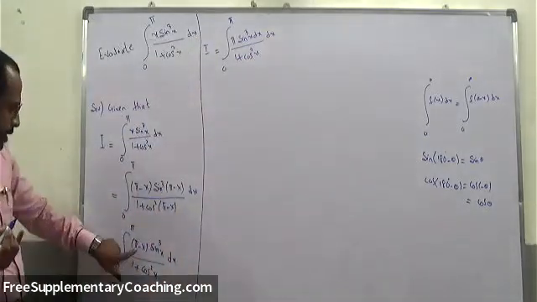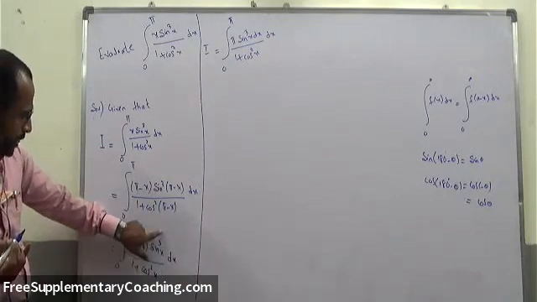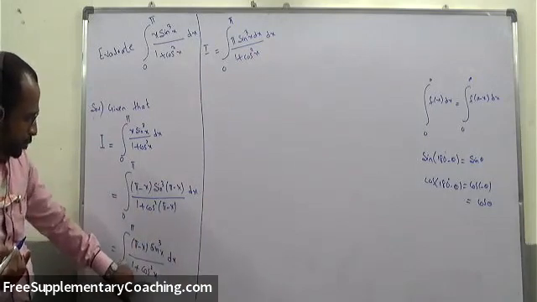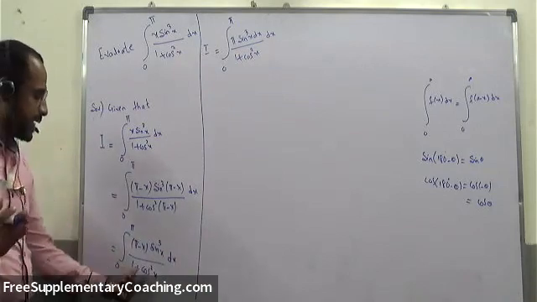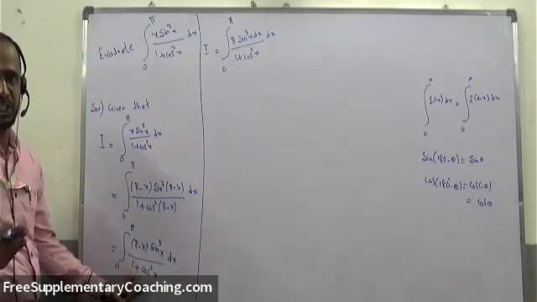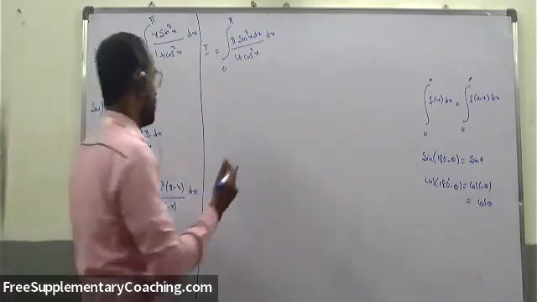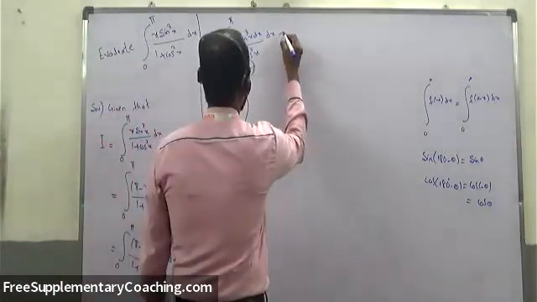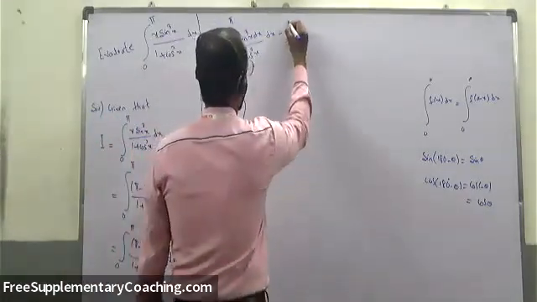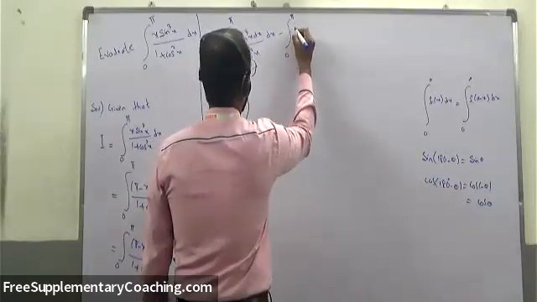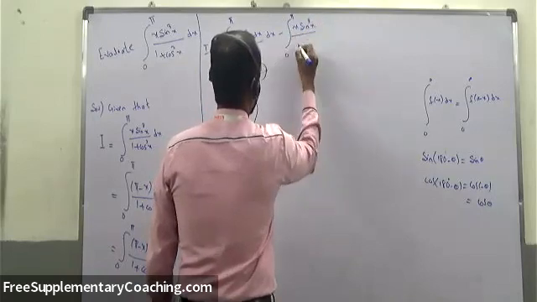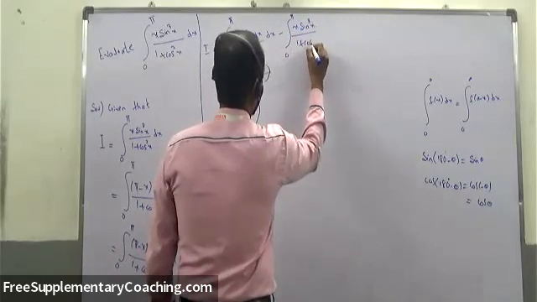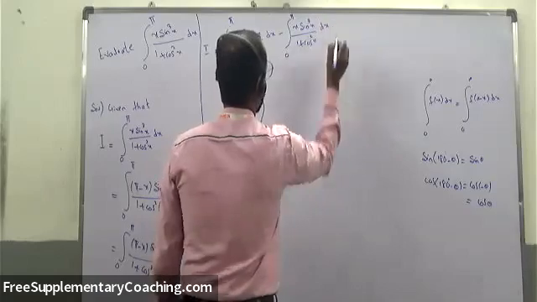Next term, minus x into sine cube x divided by 1 plus cos square x. Just separating the terms with the multiplication and writing the denominator separately for each term. So this is minus integration of 0 to pi x sine cube x divided by 1 plus cos square x into dx.